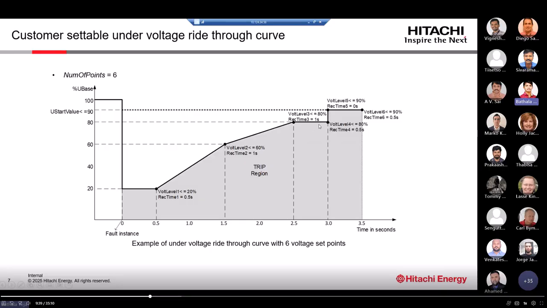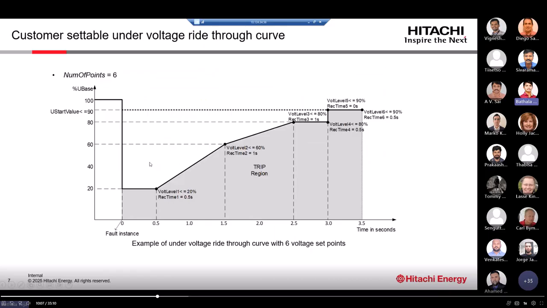That way you can achieve a horizontal line or a line with slope. Both can be achieved in the way shown here. So with the settings provided, the customer can set any curve based upon the grid codes in that location. This is one example of a UART curve.